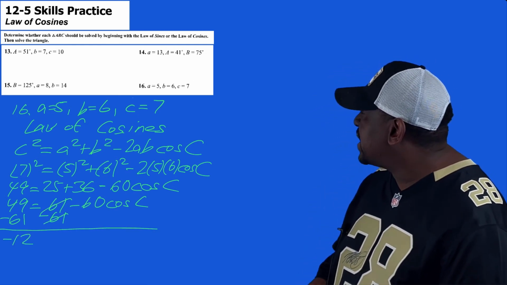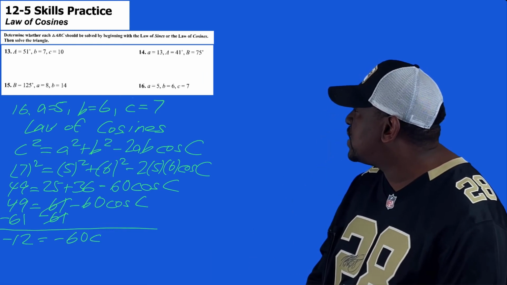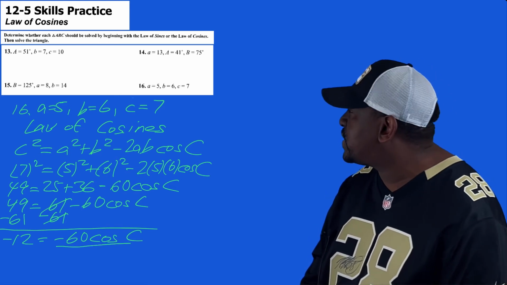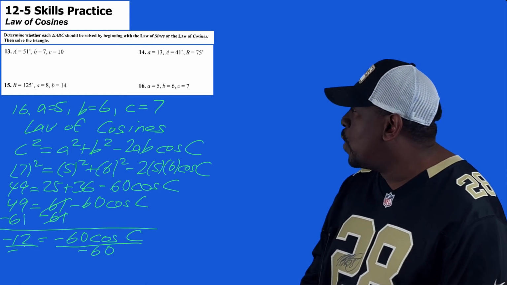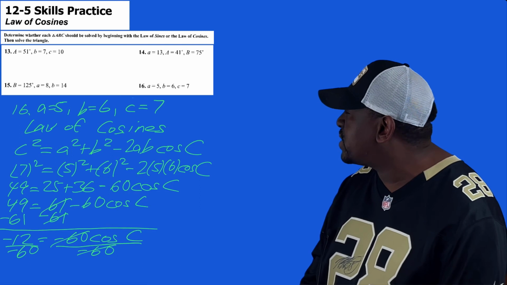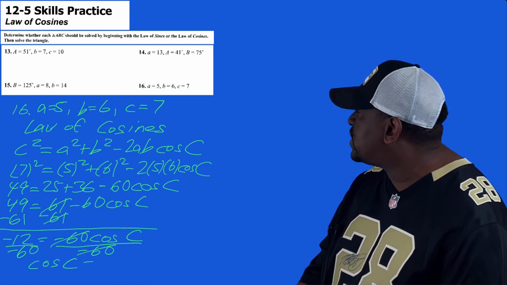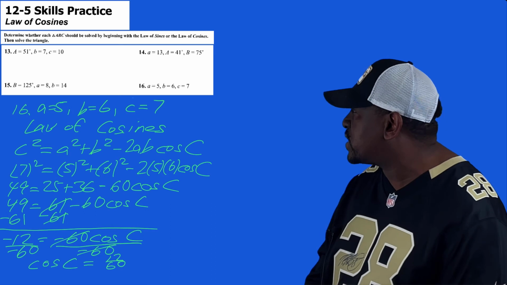We're going to get a negative 12 equal to negative 60 times cosine C. We will divide both sides by negative 60 to get the cosine C by itself. Once we do that, that will give us a value of 1/5. And cosine C is equal to 1/5, that's 12 over 60, which is 1/5.